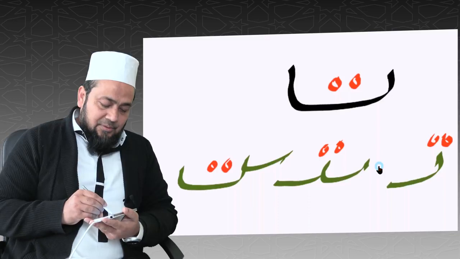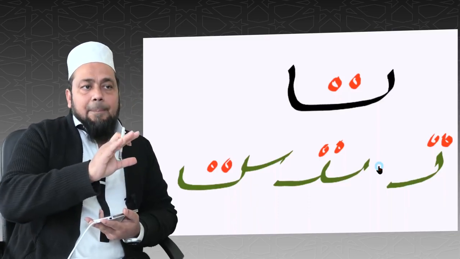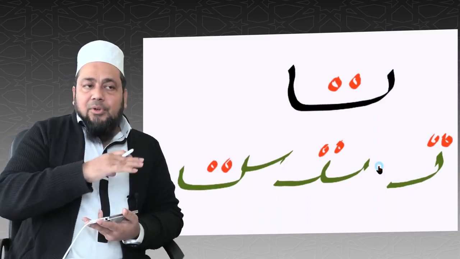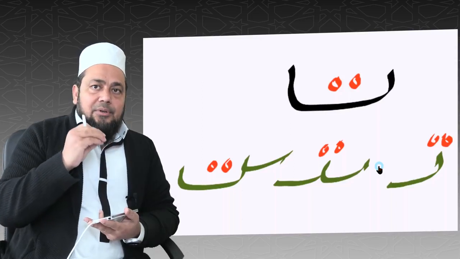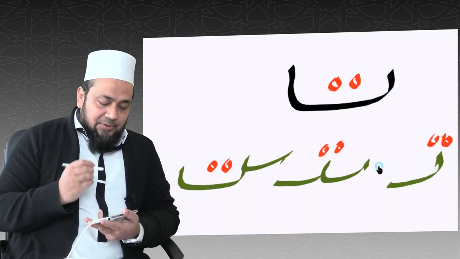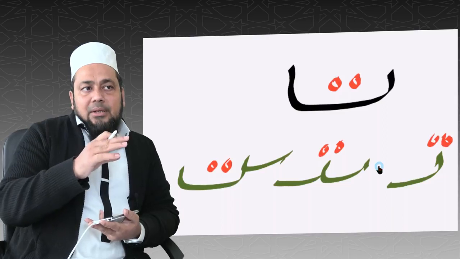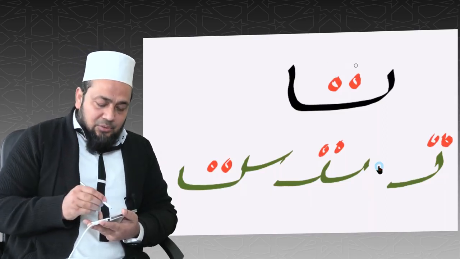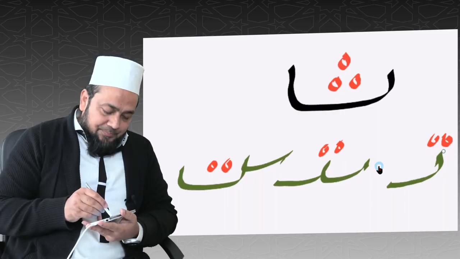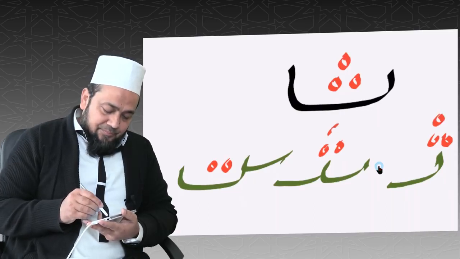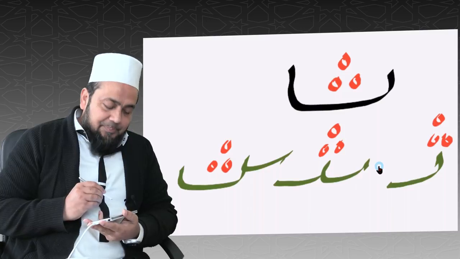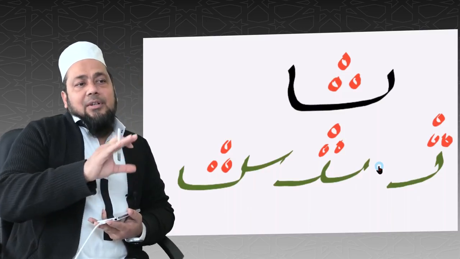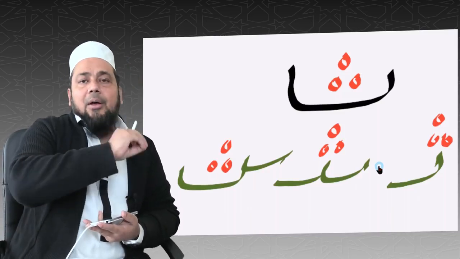Can you see? It's very easy. I'm not changing anything, I'm just changing dots, nothing else. Now I will make it the letter Tha by adding three dots, three Nuqta on the top. Now it's turned into the letter Tha.